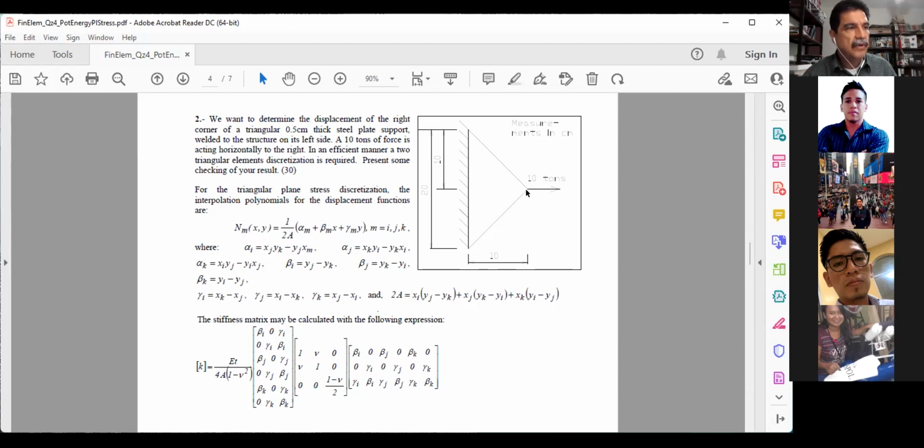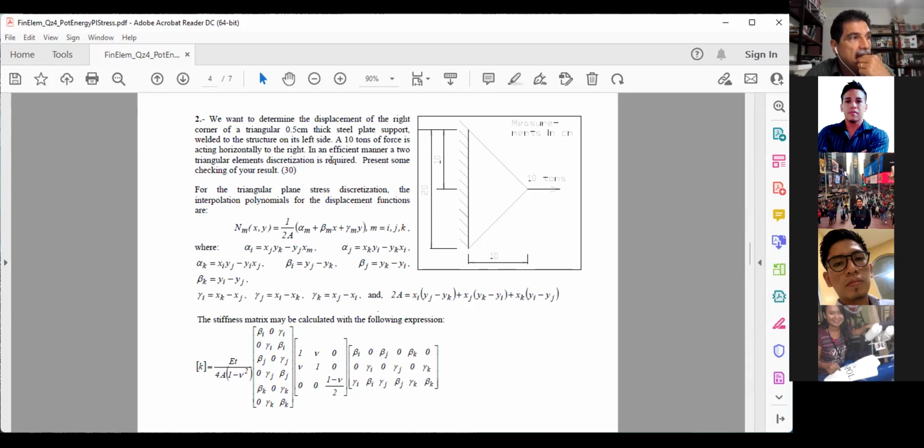Mr. Nevares, do you agree with Carrillo that this point will move only in the X direction? Yes, because of symmetry. Exactly, that's the answer. We have symmetry, so everything that happens up happens down, so the best it can do is move in the X direction, as you said, Mr. Carrillo. You see, you are reading and giving a lot of results without writing anything. It's just a matter of thinking. Let's go on, Mr. Carrillo.